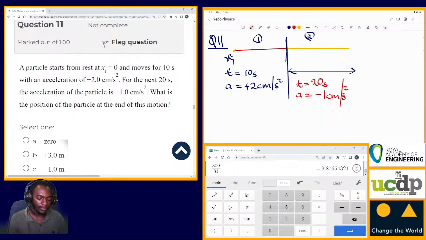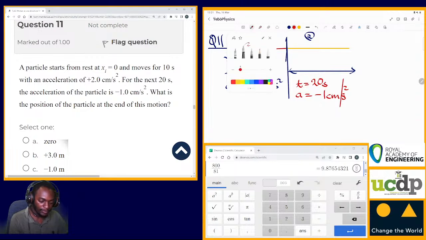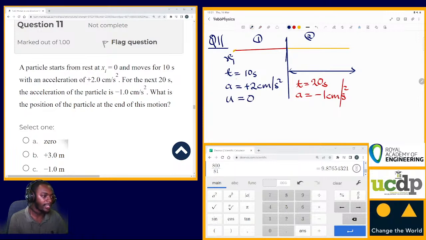So here our u is 0. Our initial speed is equal to 0 because it starts from rest. Now what is the question asking for?